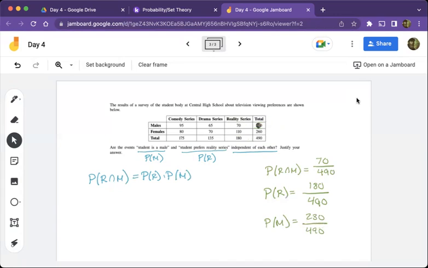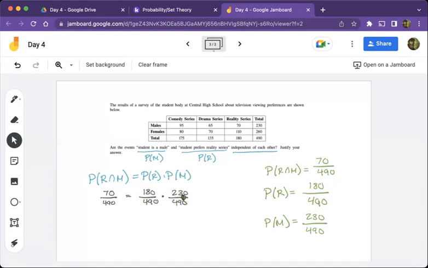Now I'm just going to do some calculations, and then I'm going to be able to prove or disprove it. So the probability that reality TV and male is 70 over 490 equals 180 over 490 times 230 over 490.